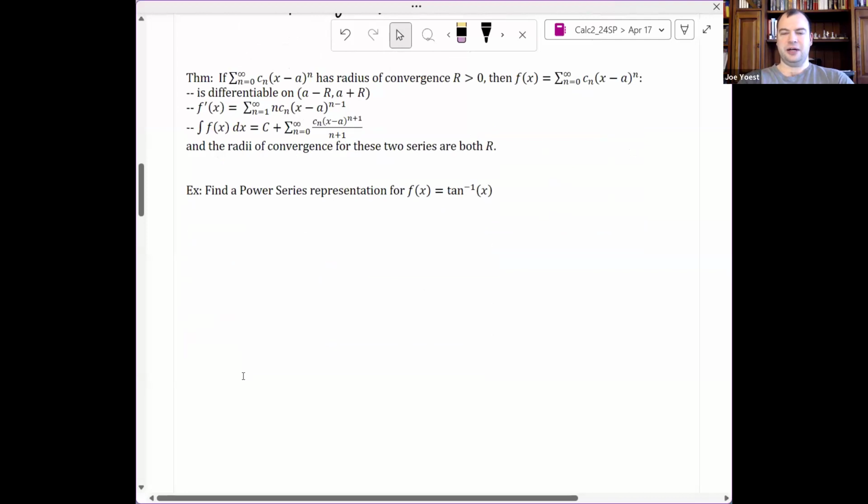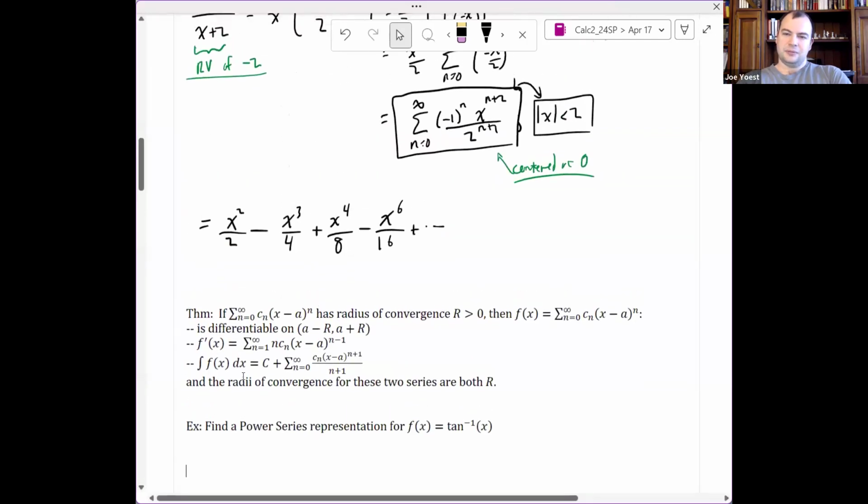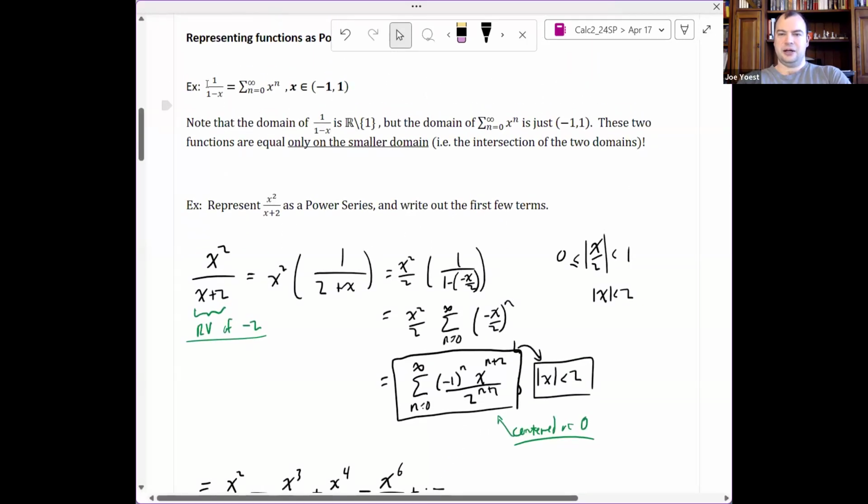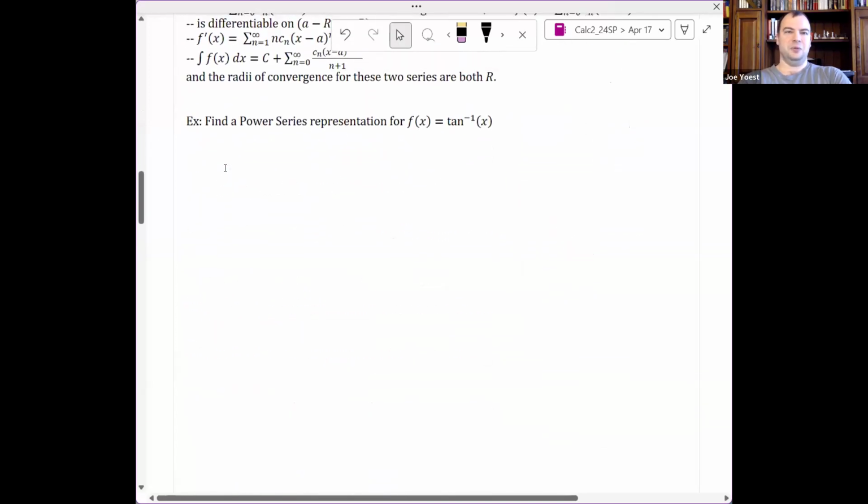Okay, so let's try to find a power series representation for arctan x. Now, arctan x doesn't look at all like a geometric series, so I'm not going to be able to make this arctan x look like 1 over 1 plus something or 1 over 1 minus something and get a geometric series type thing out of it.